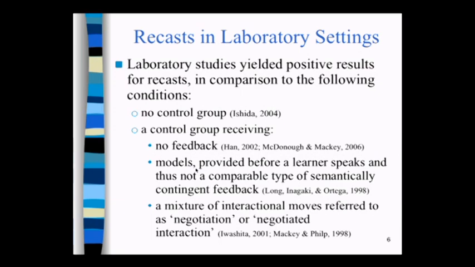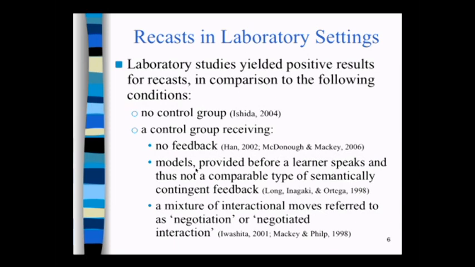But when you look closely at some of these studies, recasting was effective not necessarily in relationship to other types of feedback. One study didn't have a control group. Sometimes the control groups weren't given any feedback, so there was no comparison across feedback types. In one study, the recasts were compared to models, which aren't a form of feedback because they're provided before a learner speaks and not after.